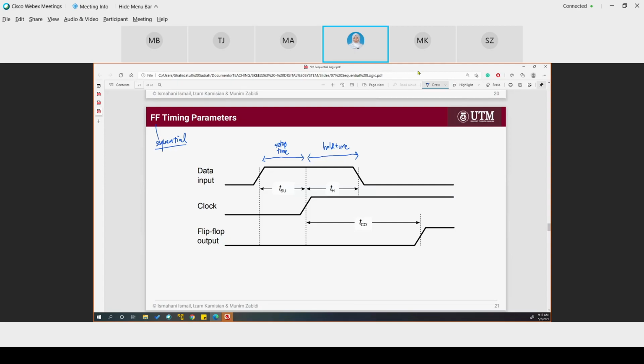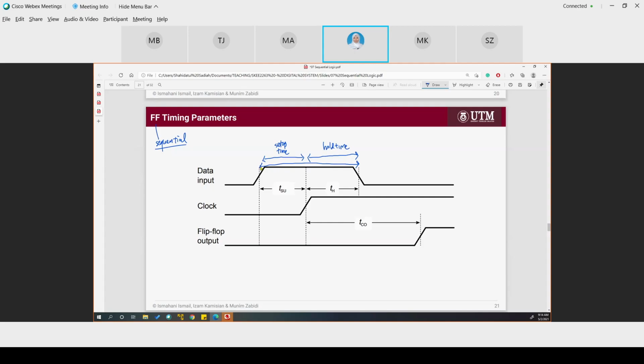To get the correct calculation in the sequential circuit, the data input must hold its data. If it's 0, then it must hold the value 0. If it's 1, it must hold the value 1. So it must be stable. The input must be stable during this time. Okay. A certain time before the clock.